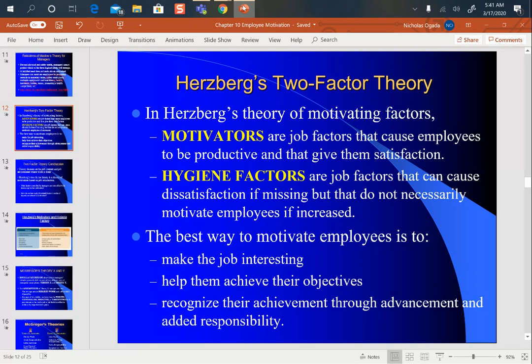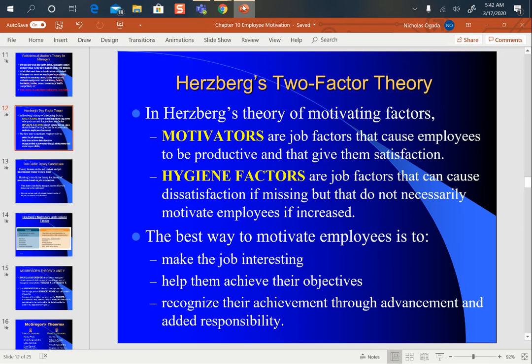Now, this is a theory that focuses on motivational factors, and it classifies these into two: the motivators and the hygiene factors. According to Herzberg, the motivators are job factors that cause employees to be productive and therefore give them some satisfaction.